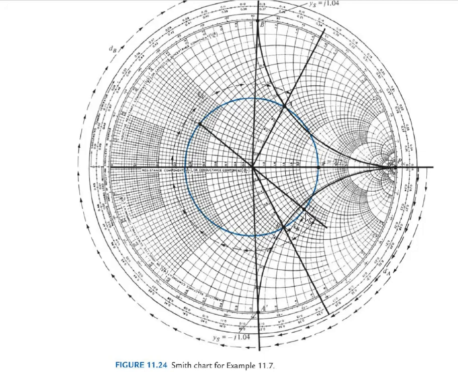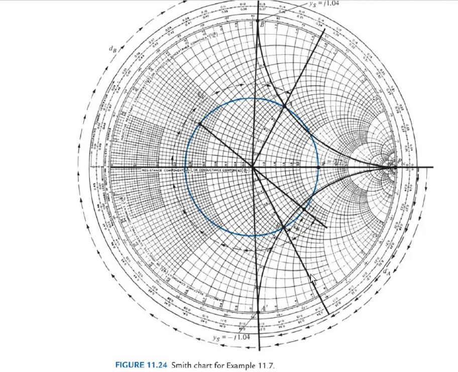Then after getting the load admittance, first we can decide the stub admittance. To decide the stub admittance, next you check where the R equal to 1 or G equal to 1 circle meets the VSWR circle, and mark it as A and B. Then we can find the stub admittance by checking the reactance circle at points A and B. So that is the stub admittance.